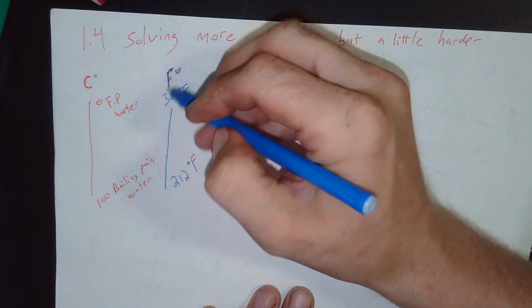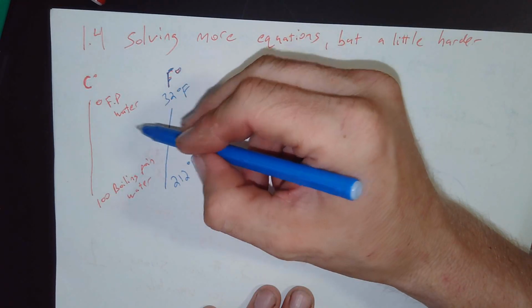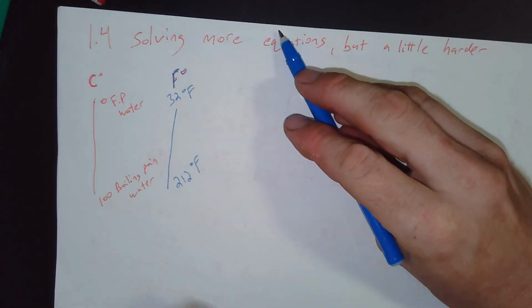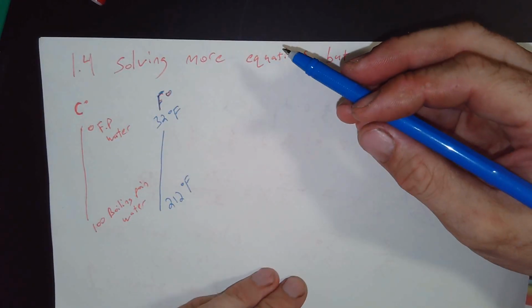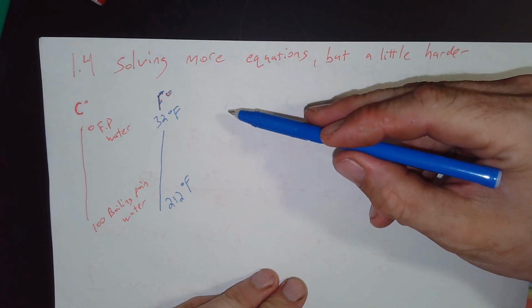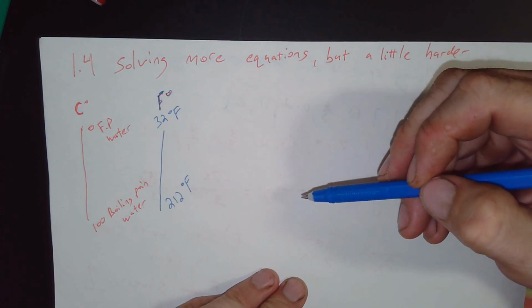So you can see that the range is much larger for degrees Fahrenheit than degrees Celsius. But there is an equation that can help you convert back and forth from degrees Fahrenheit to degrees Celsius. So what is that equation?